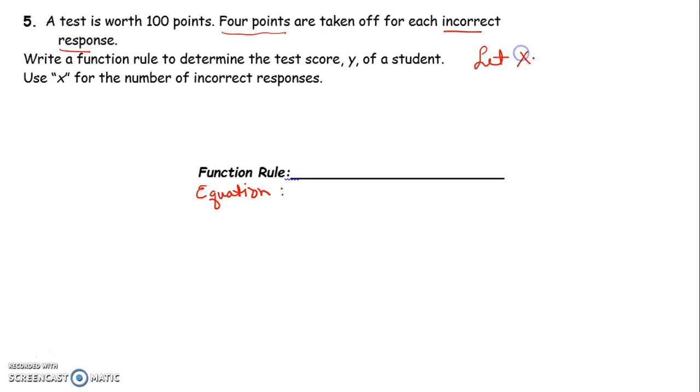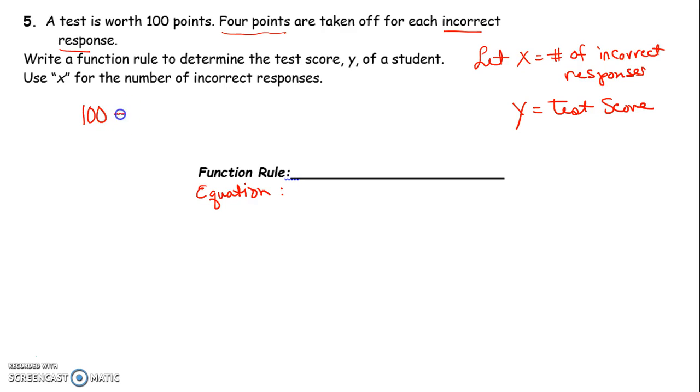Okay, so we know x equals number of incorrect responses. y equals the test score. Well, you start with a 100-point test.